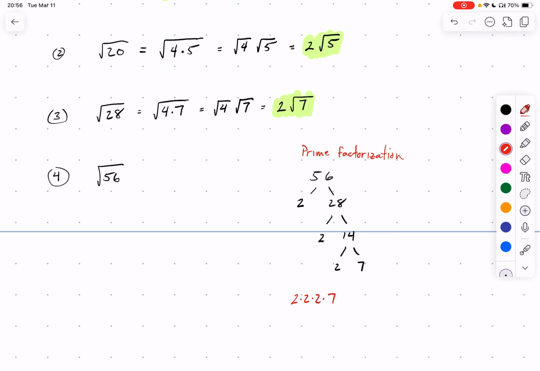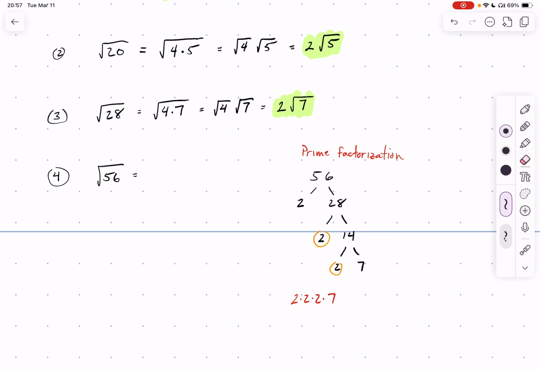Well, anytime I have a pair of prime factors, that means when I take the square root of that pair, I can pull one of those outside, right? So I have a pair of prime factors, okay? And 2 times 2 happens to be 4.